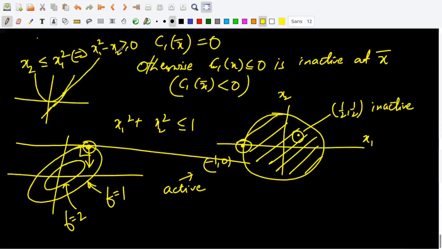So I need to bring it in the greater than or equal to form, and then I take the gradient, and it is pointing in this direction. So that means everything below this curve is the feasible region.